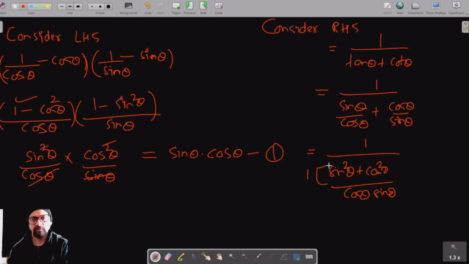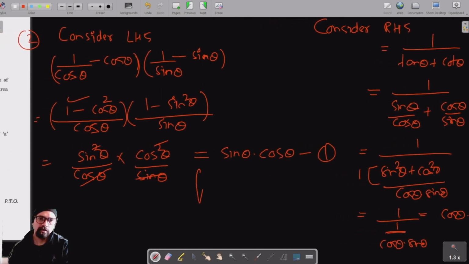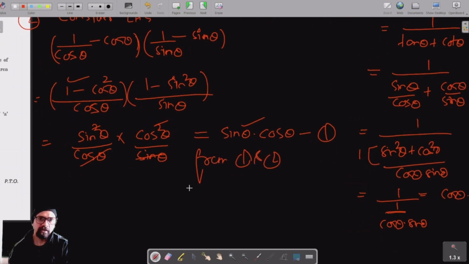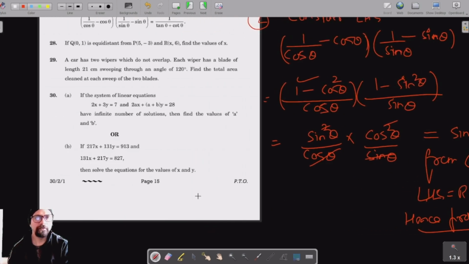Sine square theta plus cos square theta is 1. So this is equal to 1 upon 1 by cos theta into sin theta, which is equal to cos theta into sin theta. This is our second result. And we can say that from 1 and 2, LHS is equal to RHS. Hence, we have proved the identity.